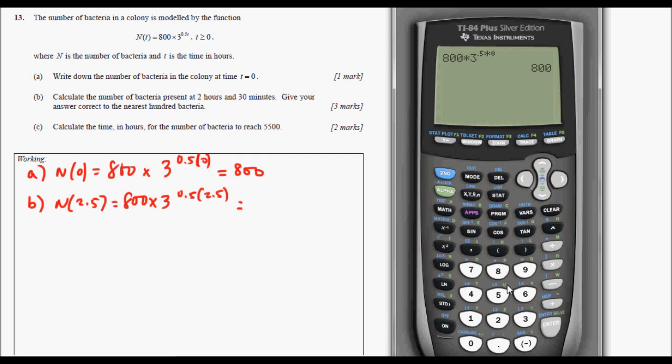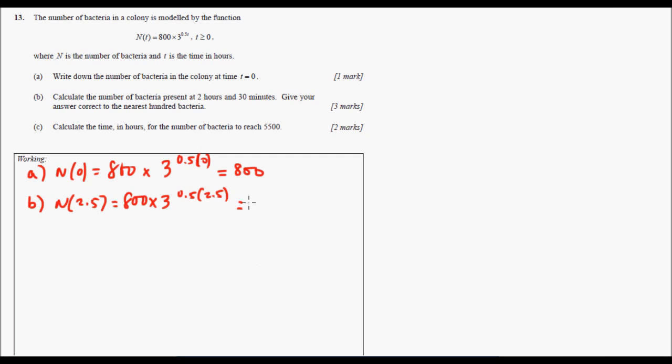Okay, and just do 800 times 3 raised to the 0.5 times 2.5. And look at that, I didn't put multiply, so that would have been a disaster. Okay, it's not a disaster, but it would have given me an error. Okay, so what do I get there? 3158.58.